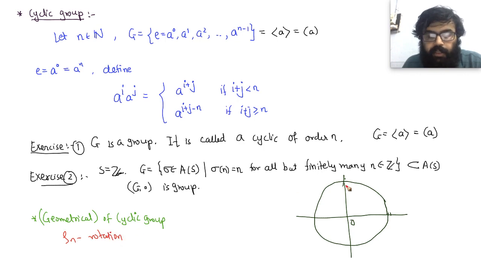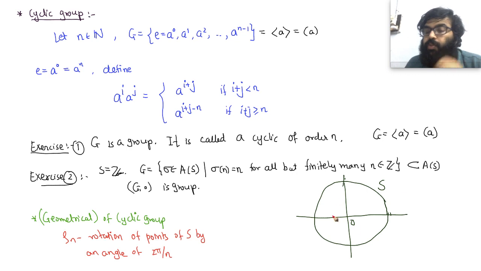This unit circle is denoted by S, and rho n is the rotation of points of S by an angle of 2 pi by n. So 2 pi is the total angle, and rho n is the rotation by an angle 2 pi by n.